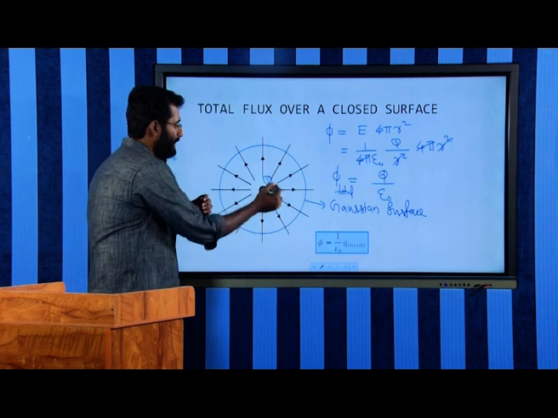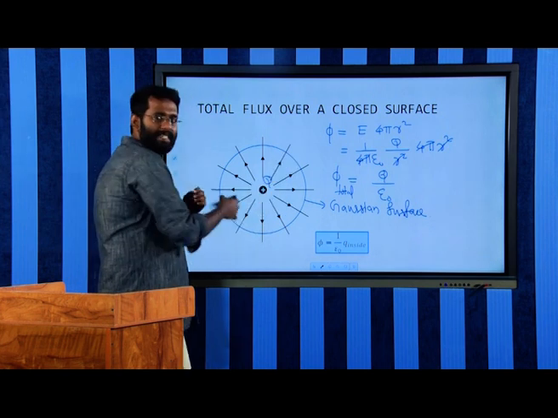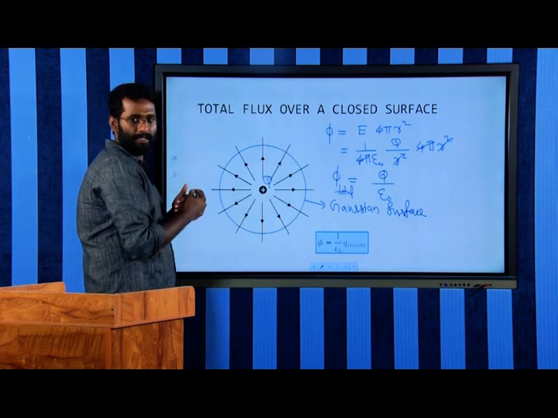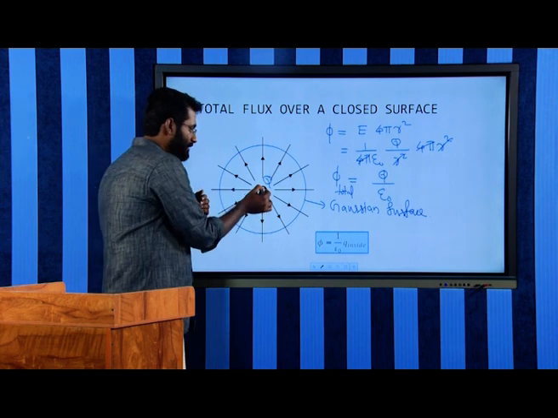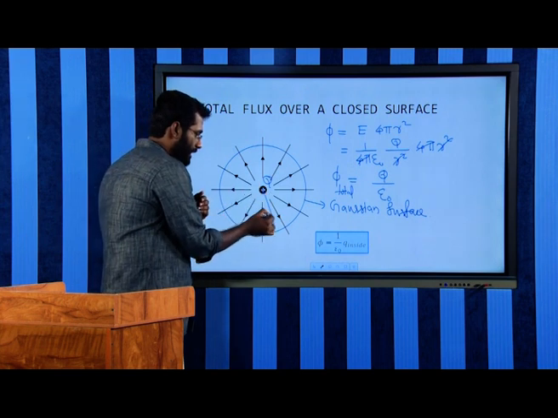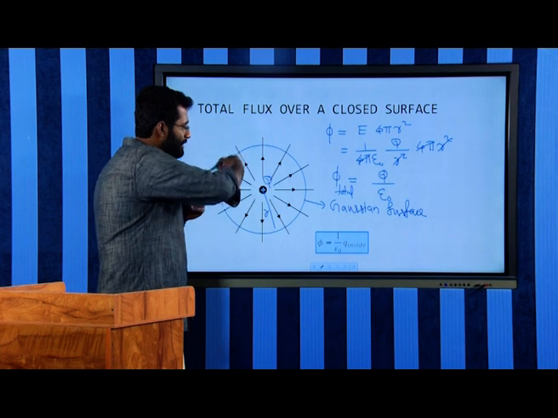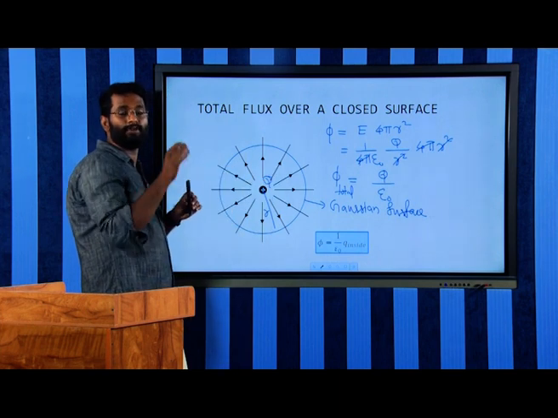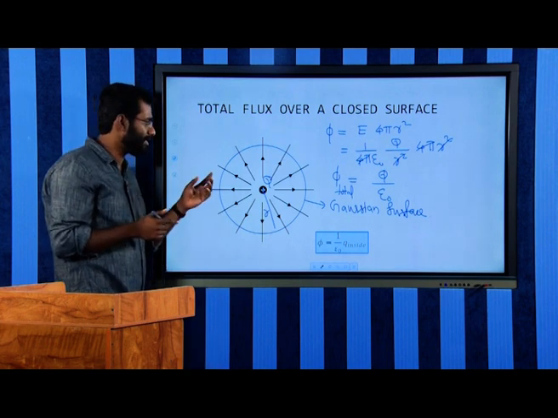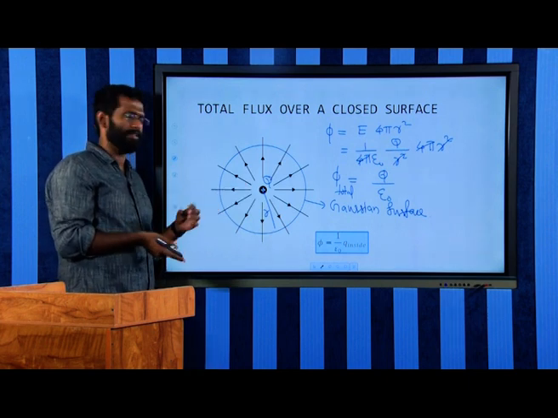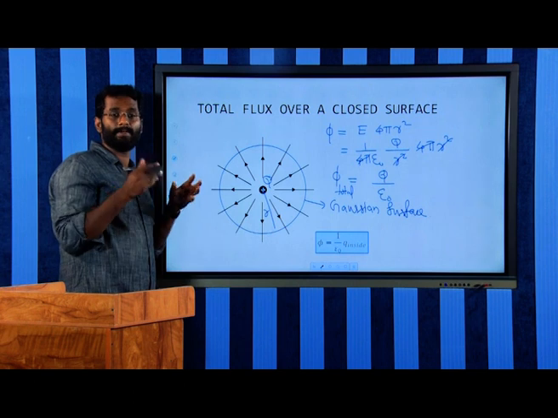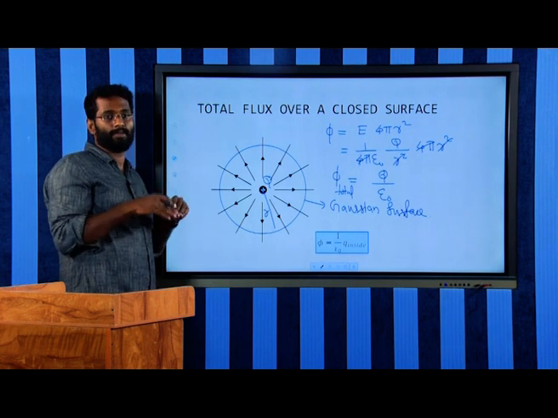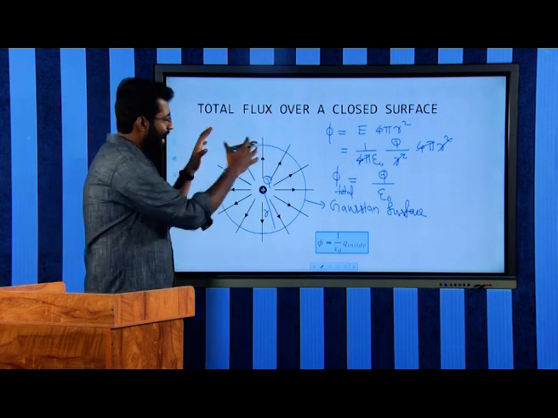We know that this electric field has a spherical symmetry. That means if we draw a sphere of radius r, everywhere over its surface the magnitude of the field will be the same. That is why we say that this charge distribution, or simply this point charge, has a spherical symmetry. That is why we chose the surface as a sphere.